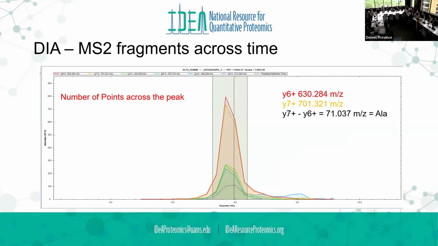Up here it's telling you that you've got your Y6 ion and your Y7 ion, and some of these other ions, like there's a Y4 down here, and they're all co-eluting at the same time. So we're using this information, which ions are co-eluting, that match up to the fragmentation pattern for that particular peptide.